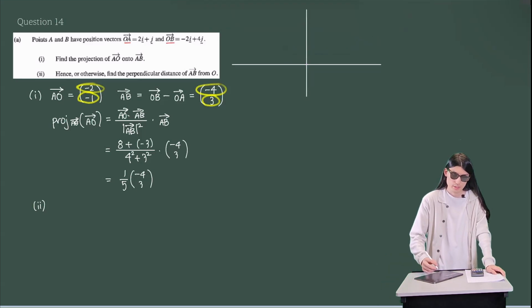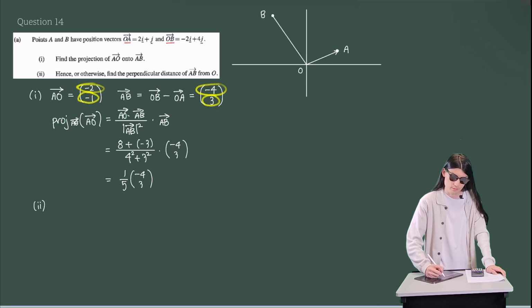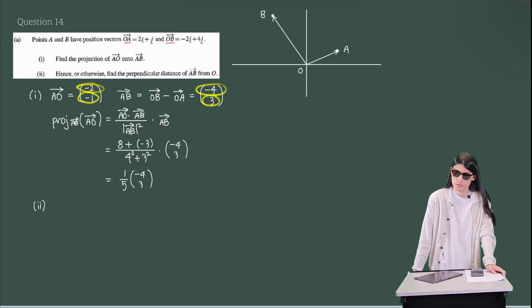Okay, so A was 2, 1, so A would be somewhere around here, I guess, and this would be the vector OA, O being the origin, of course, and the point B had the coordinates -2 and 4, so point B would be somewhere here, I guess. And of course, this would be the vector OB, wouldn't it?